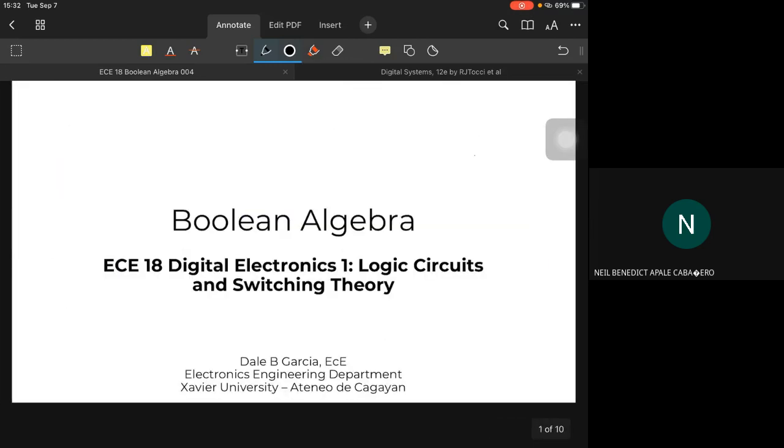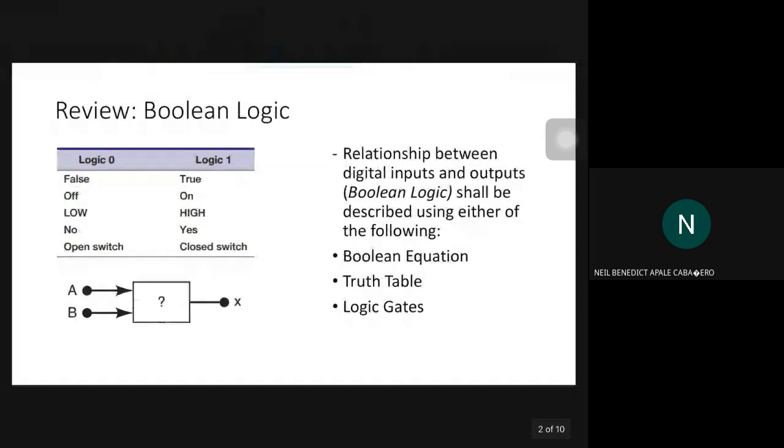So, a sort of review from last meeting. Boolean logic is the relationship between digital inputs and outputs, and can be described using any of the following. We've explored these three at least: Boolean equation, the truth table, and the logic gates.